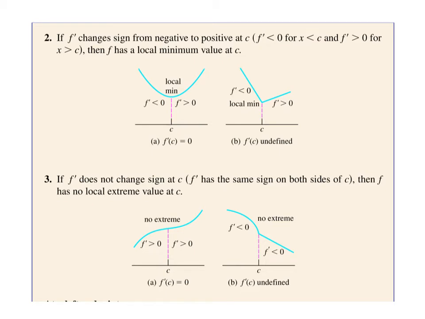If the sign does not change, the slope is positive here and it stays positive, that is no extreme value here. It is a critical point, I guess you'd call it, but it does not change there. This one's going from concave down to concave up, so it is a critical point, but there's no extreme value. Here, it's a critical point again, but it is not an extreme value.